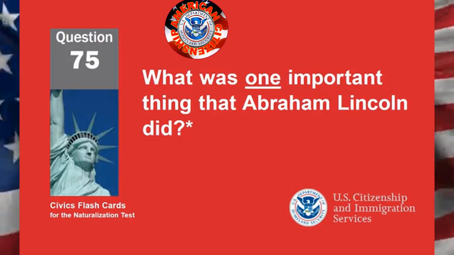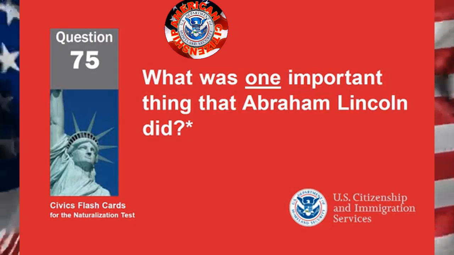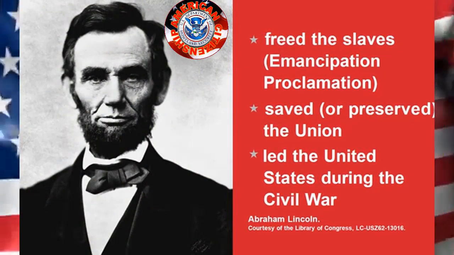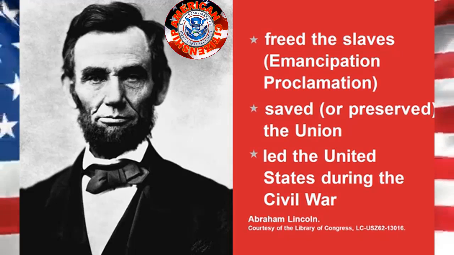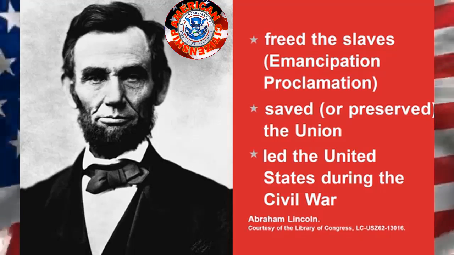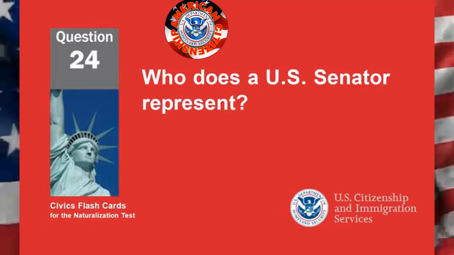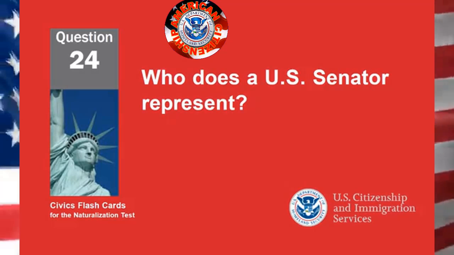What was one important thing that Abraham Lincoln did? Freed the slaves, Emancipation Proclamation, saved or preserved the Union, led the United States during the Civil War. Who does a U.S. Senator represent?